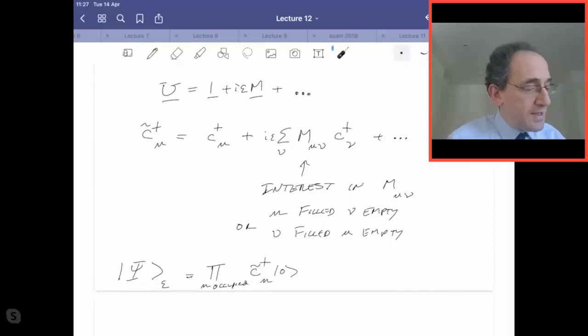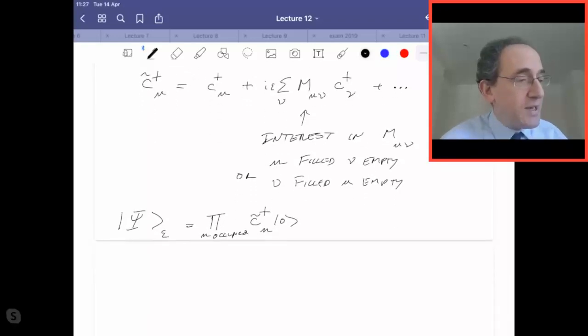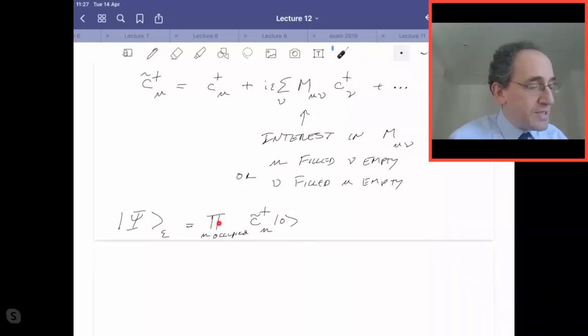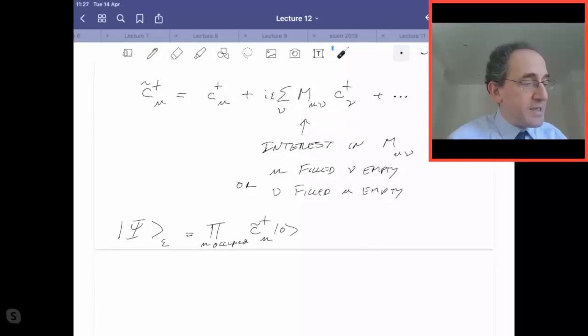So this is, again, the Slater determinant of my lowest n states, but now I've changed from the regular c mu's to the rotated mu's. Okay, and let's write out what this thing is. Well, we'll plug in this expression up here.